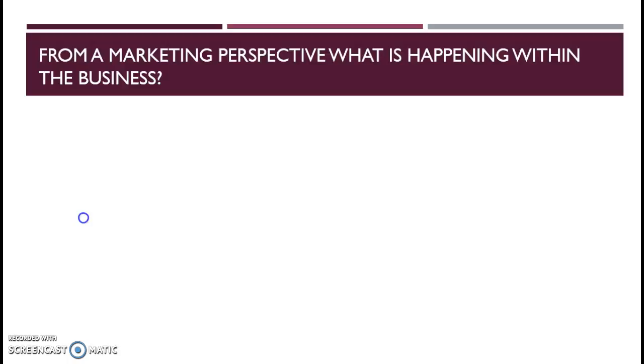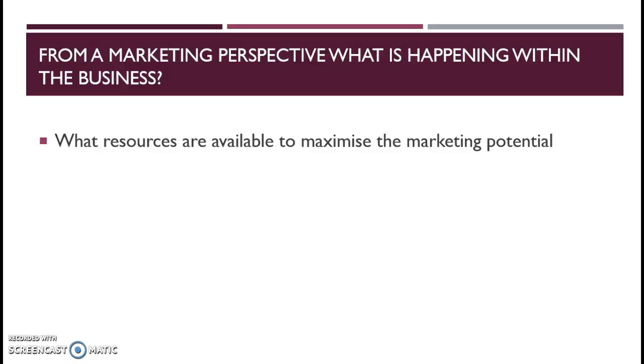So from an internal point of view, what you're really looking for is what resources are available to the organisation to maximise their marketing potential. Okay? So this is, remember, looking at our generic resources, our factors of production, to maximise that marketing potential.